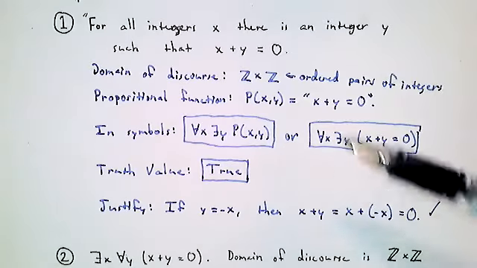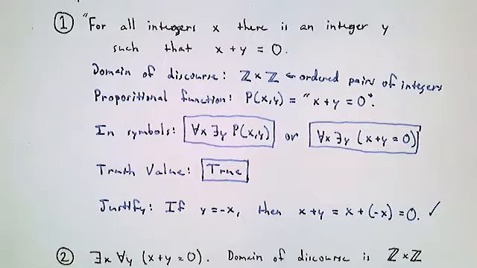Any questions over this first example? Or I guess this is actually the second example, counting the one with two universal quantifiers. What is the truth value? So are you asking what truth value means in general? I guess so, yeah.